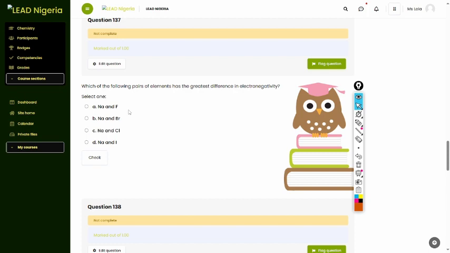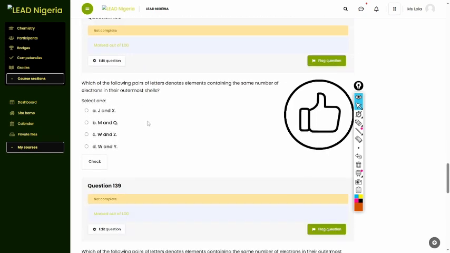Fluorine has the highest electronegativity, and the lowest is iodine. So the greatest difference in electronegativity is between sodium and fluorine, since fluorine has a higher electronegativity than the other ones. The answer is A.